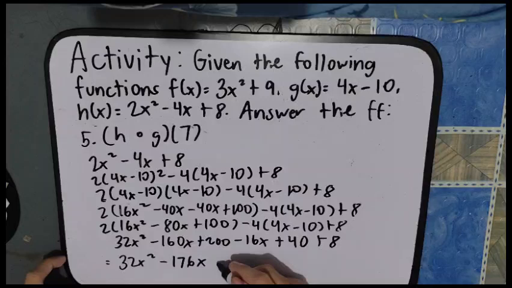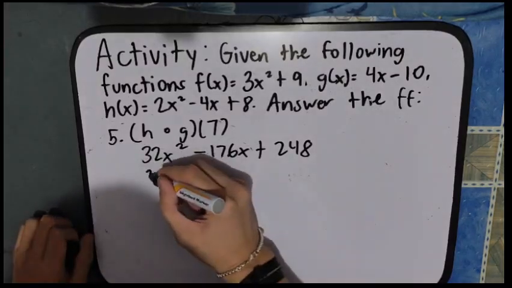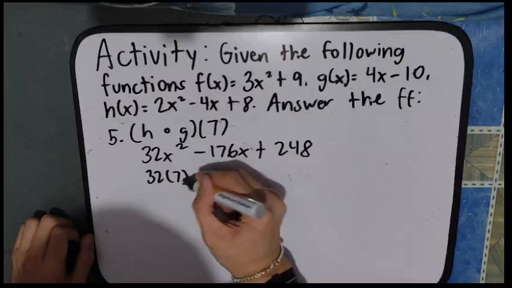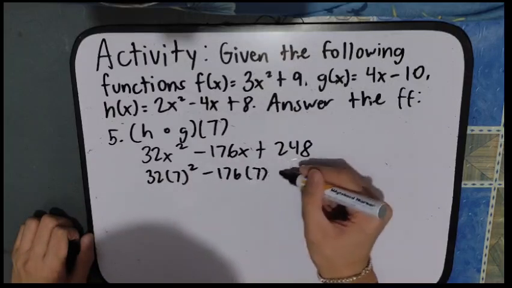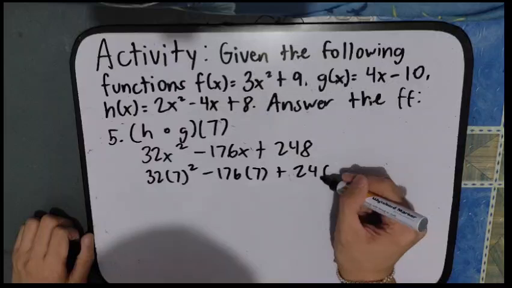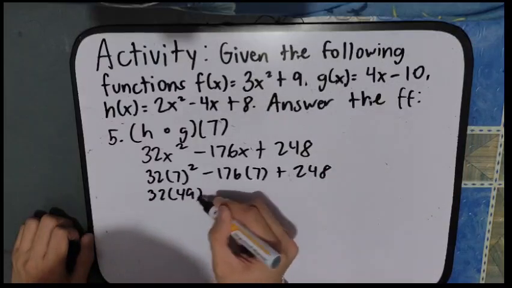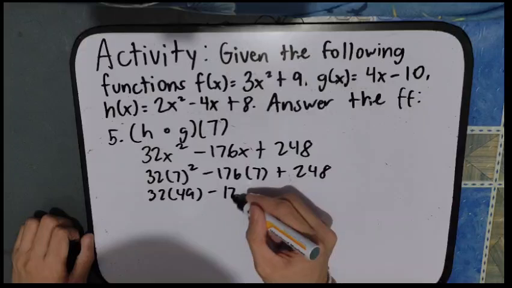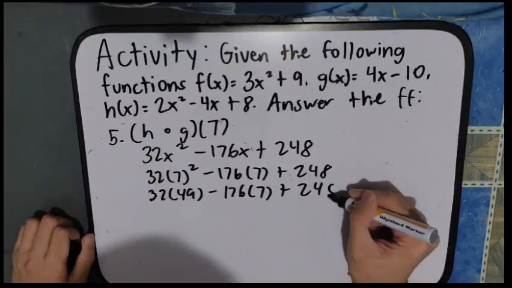It will become positive 248. Now let us evaluate h of g of 7. So just substitute x with 7 times 7 plus 248. And then since we know that 7 squared is 49, we're going to put 49 inside the parentheses. And then copy each number.